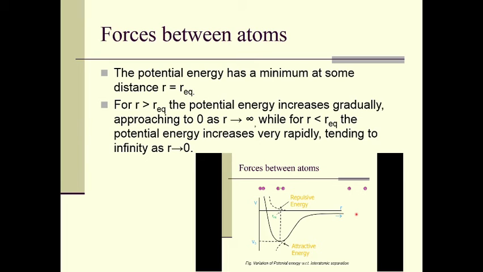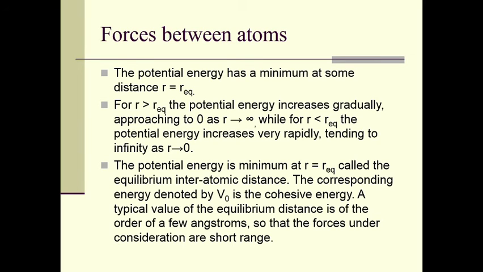At infinity it will be equal to 0, while for r less than R equilibrium, that means on the left hand side, the potential energy increases very rapidly and tends to infinity as r tends to 0. That means when the separation between the two atoms tends to 0, the potential energy rapidly increases, and it will tend to infinity when the separation becomes 0.